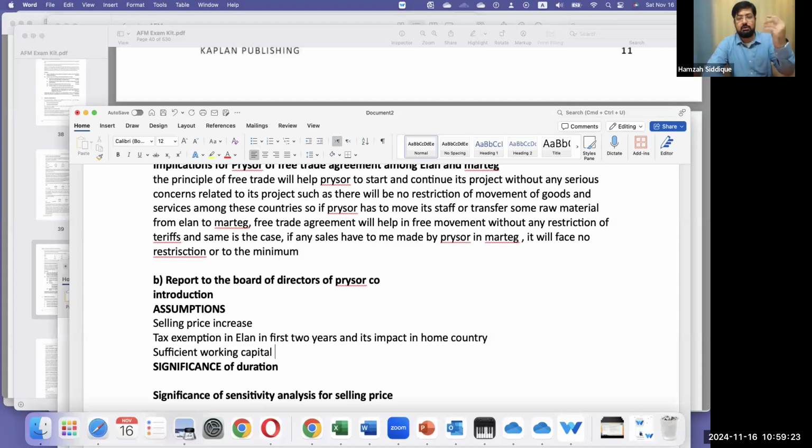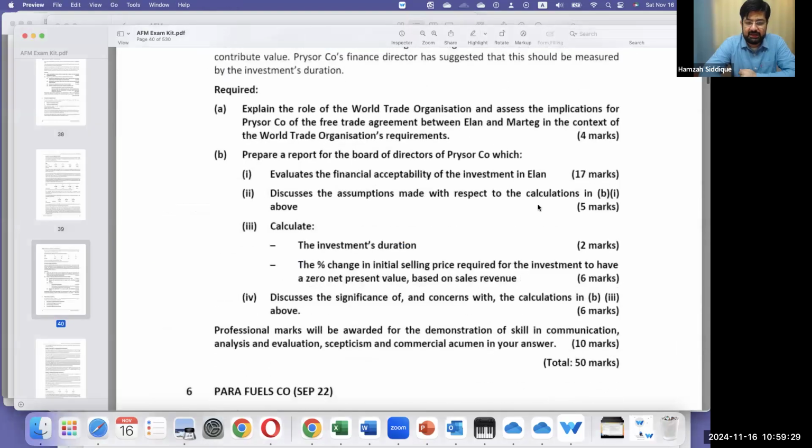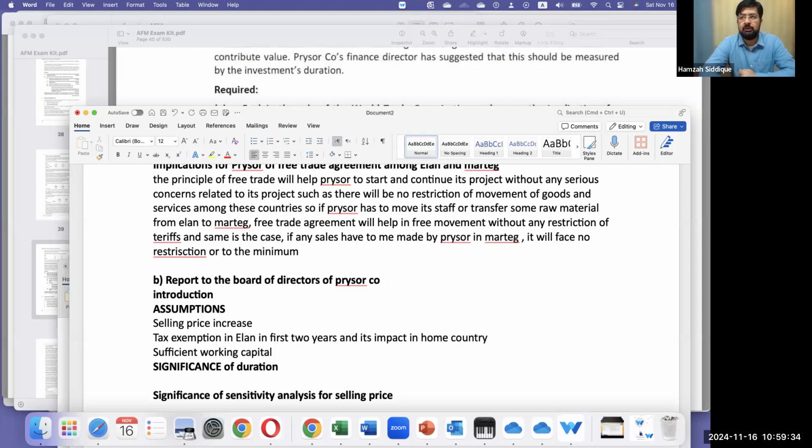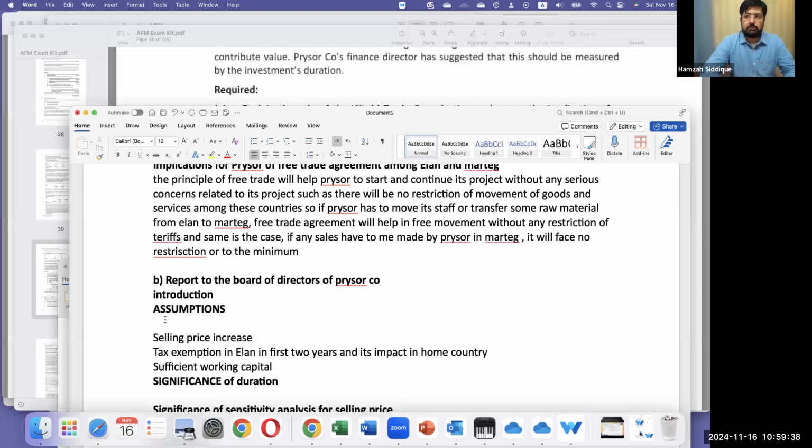I'm just going to give a quick overview. How many marks does the assumption part have? It has 5 marks. Okay. All cash flows. The assumption is there. We will see.